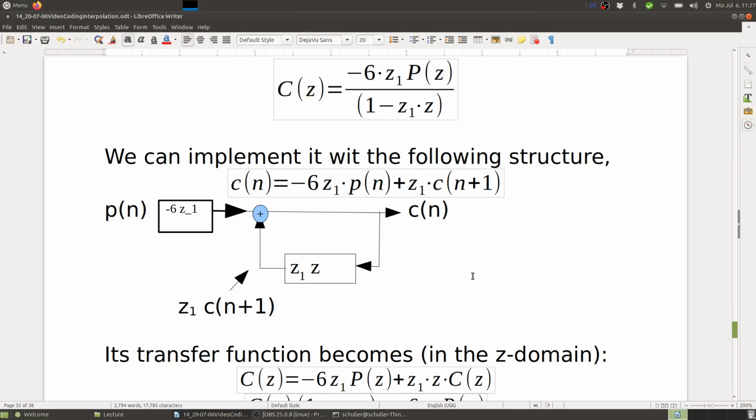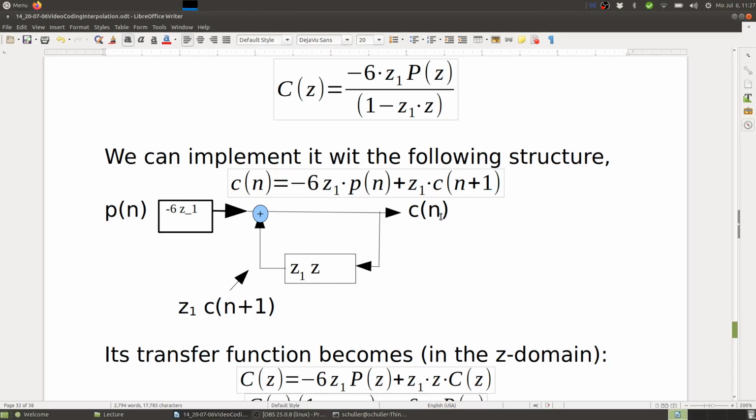So here is now how we can implement this structure. We have the output of the last filter multiplied with our constant here. And here we have now our feedback loop. And now this Z gives us the pixel to the right of this one, or to the top.